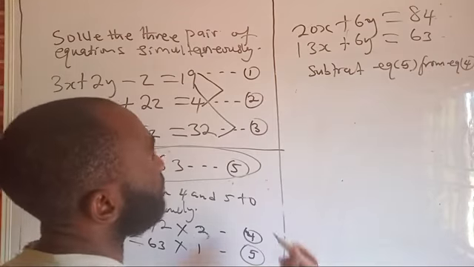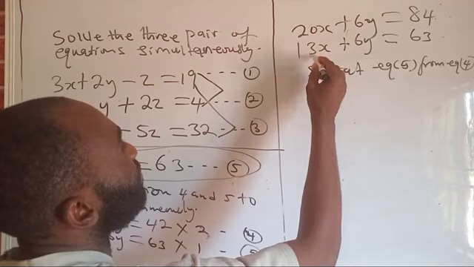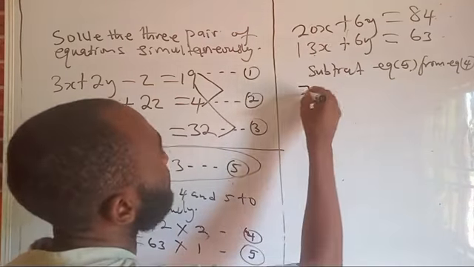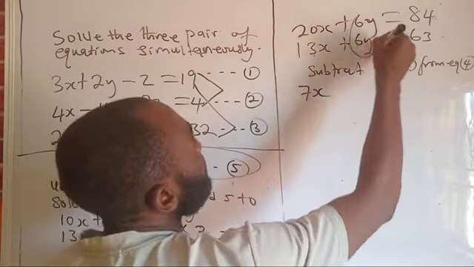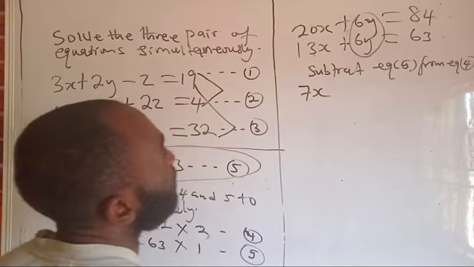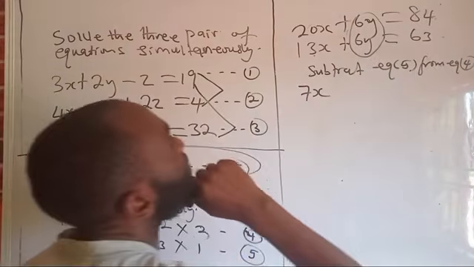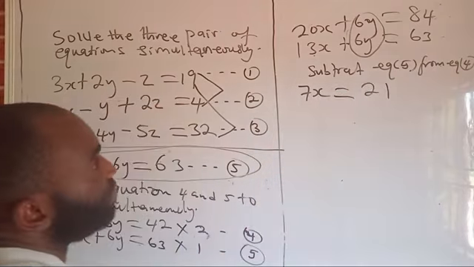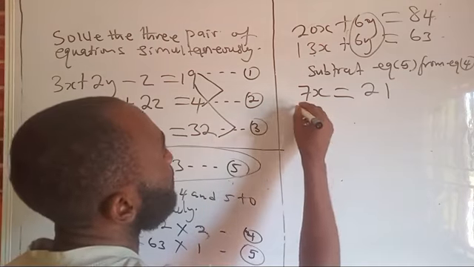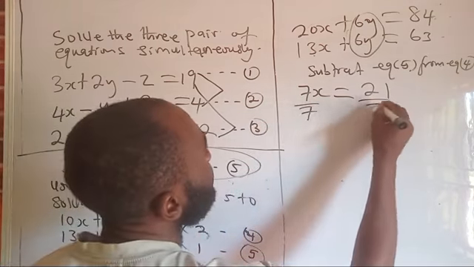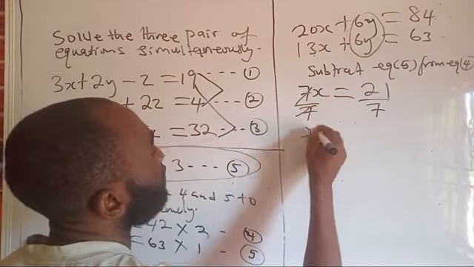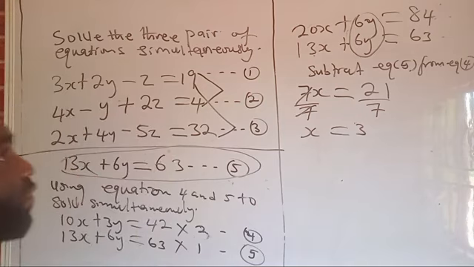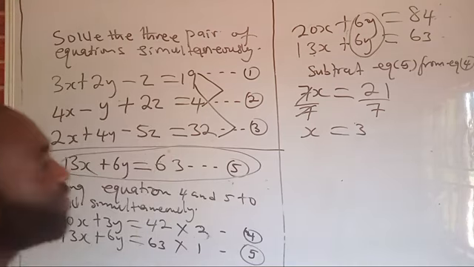So with that, this 13 minus 20, that gives us minus 7x. Here everything will go, 6 minus 6 is 0. Then 63 minus 84, that will give us minus 21. So divide both sides by minus 7. Minus 7 will cancel minus 7. X will be equal to 3. So now we know the value of x.